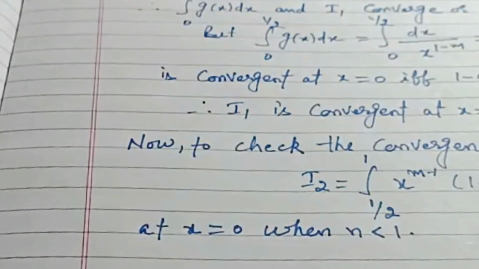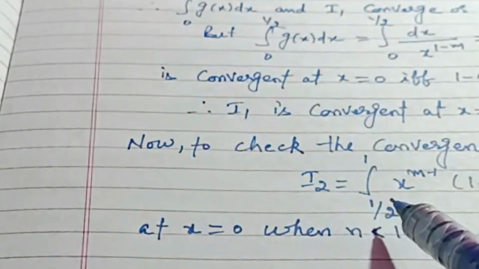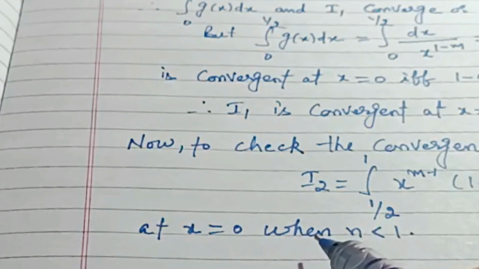We have to check the convergence of this integral I2 at x equal to 1 when n is less than 1.